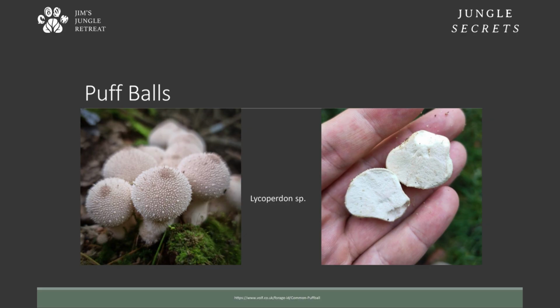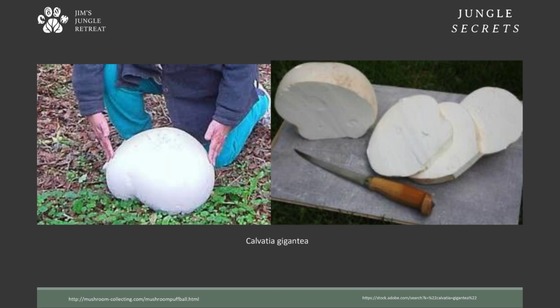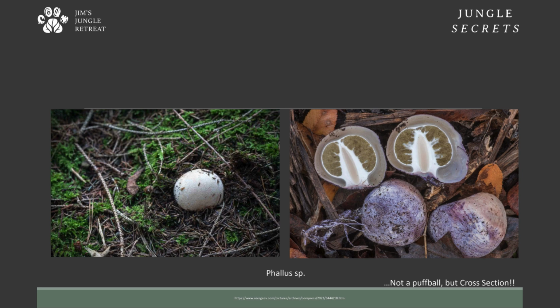Then there are puff balls. Puff balls can only be identified properly through a cross section, because the amount of outer skin to the inner substance volume tells you a lot about the mushroom. Calvatia gigantea is a very commonly foraged mushroom for its taste and protein and micronutrient profile.